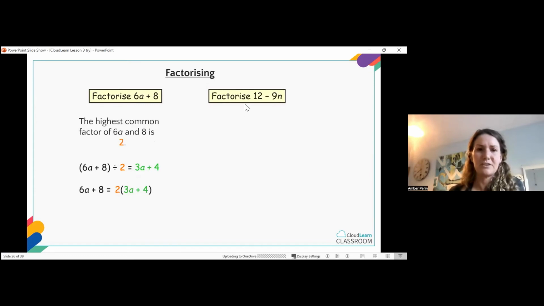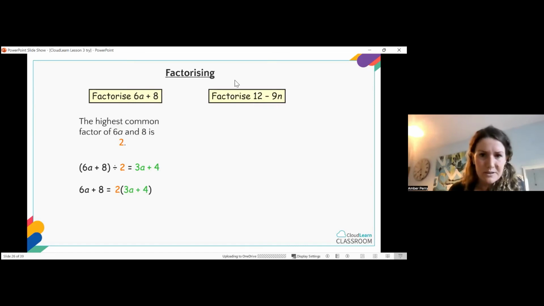So let's have a look at another example. So we're factorizing 12 minus 9n. And here, again, we're looking for the highest common factor. Does anyone want to write in the chat what the highest common factor of 12 and 9n is? Oh, that was super quick. Well done, Tabitha. Yes. Okay. So 3 goes into both 12 and it goes into 9n.